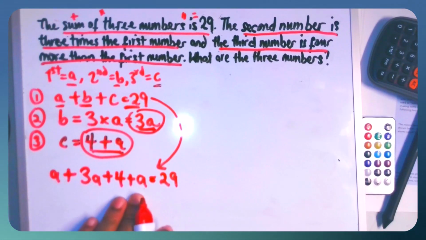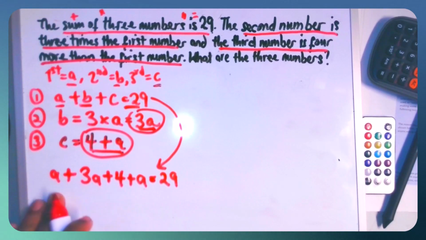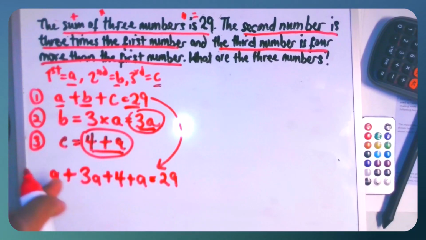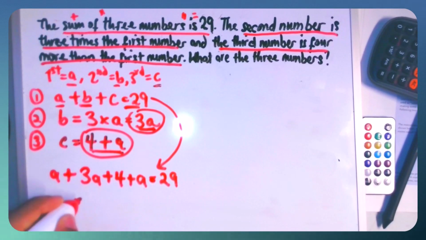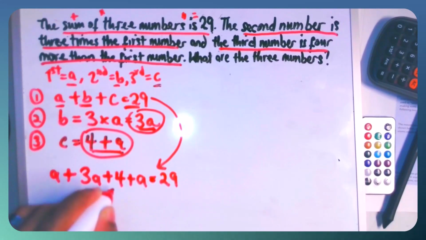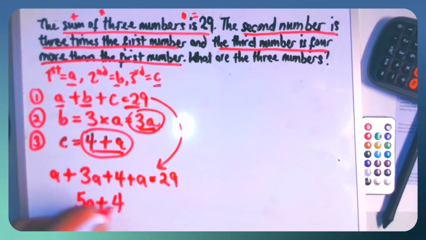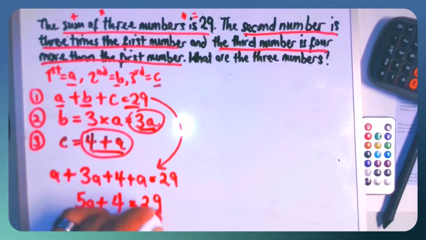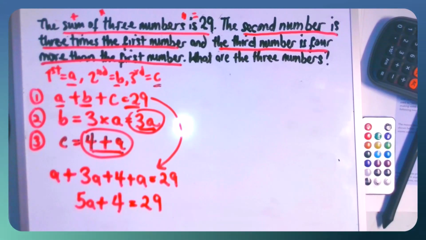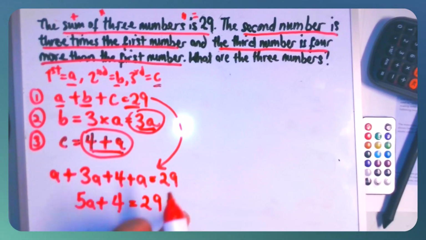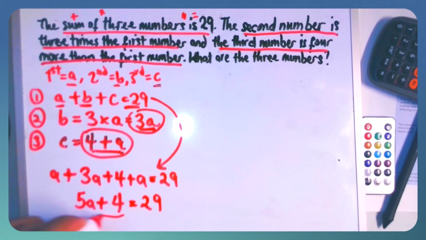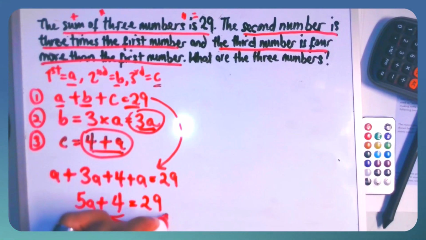Therefore, we are going to collect like terms. On the left side, we have A plus 3A plus A, which gives us 5A plus 4. Take note that 5A and 4 are not like terms, so they stay that way, and this is equal to 29. So next step is to move our 4 to the other side, which means that instead of adding 4, we're going to subtract 4.